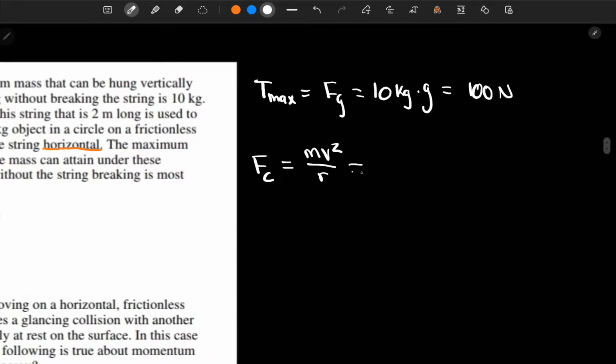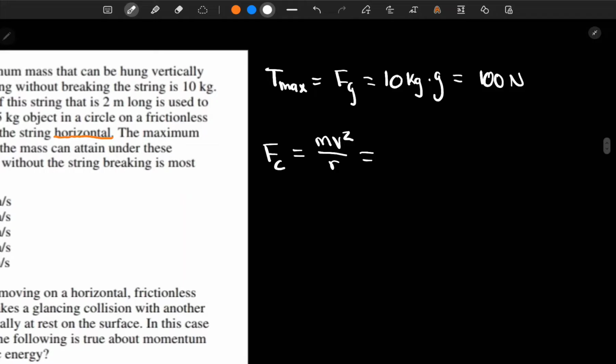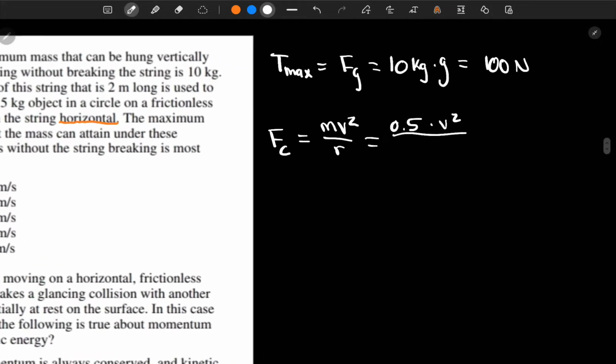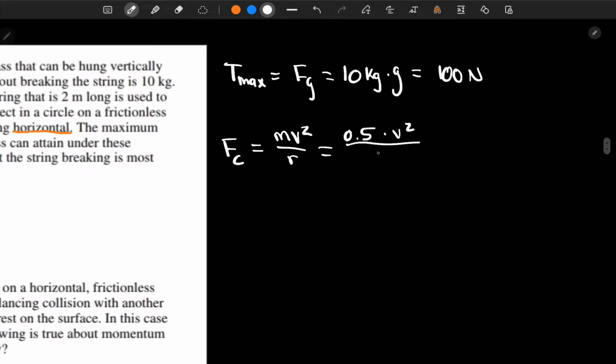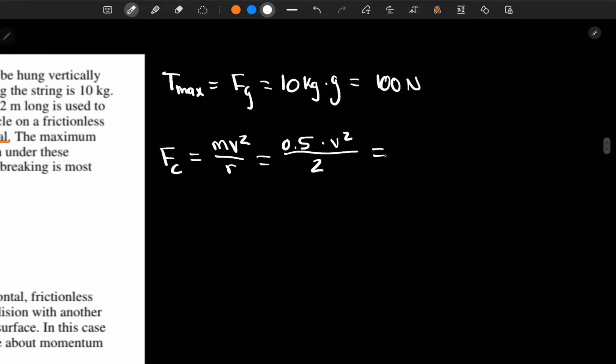Then, plugging in for what we know, we have a 0.5 kilogram object. So 0.5 kilograms is the mass times the velocity squared divided by the radius, which is 2 meters, since the string is 2 meters in length. And we wish that this be equal to 100 newtons, as that's the maximum tension that the string can withstand.